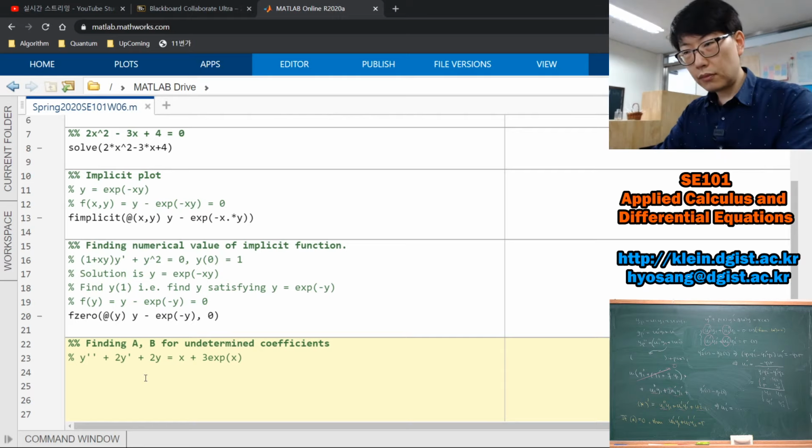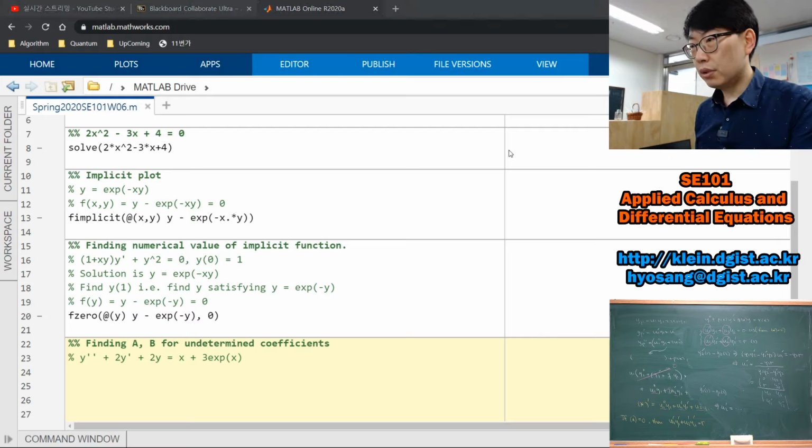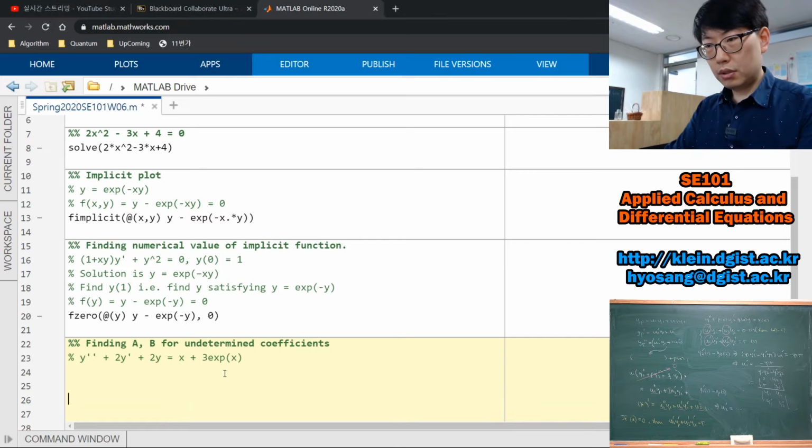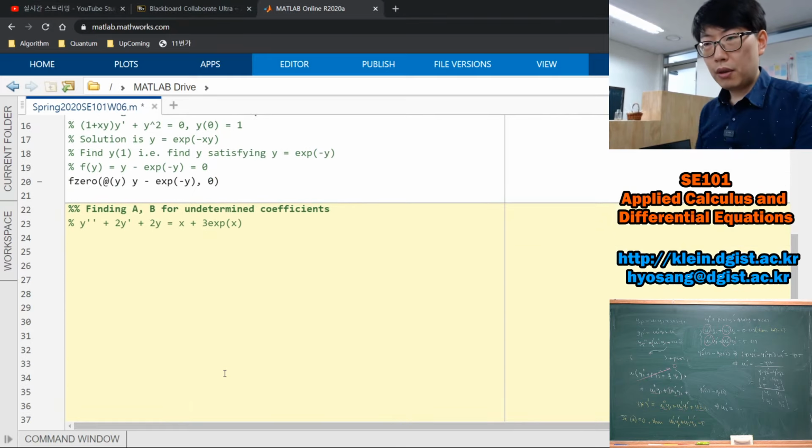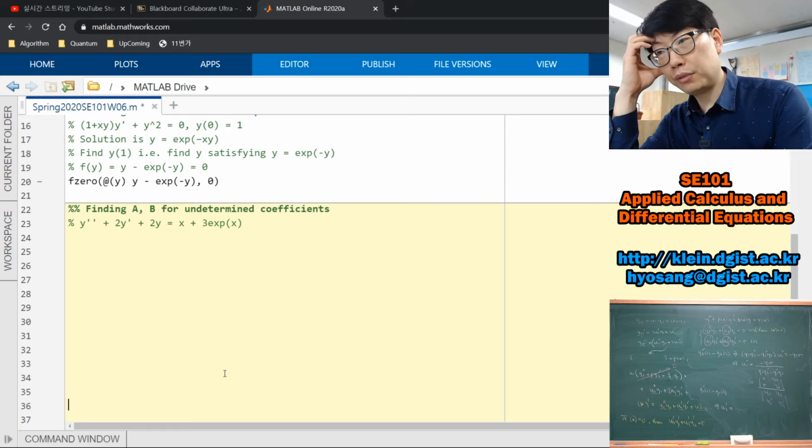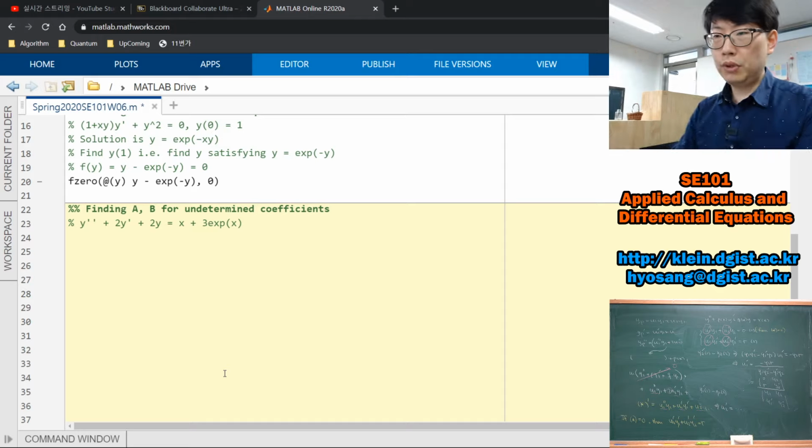So for example, let's try to find a solution to this differential equation right here: y double prime plus 2y prime plus 2y equals (x plus 3) times exponential of x. To find the solution, you have to find the complementary solution first.